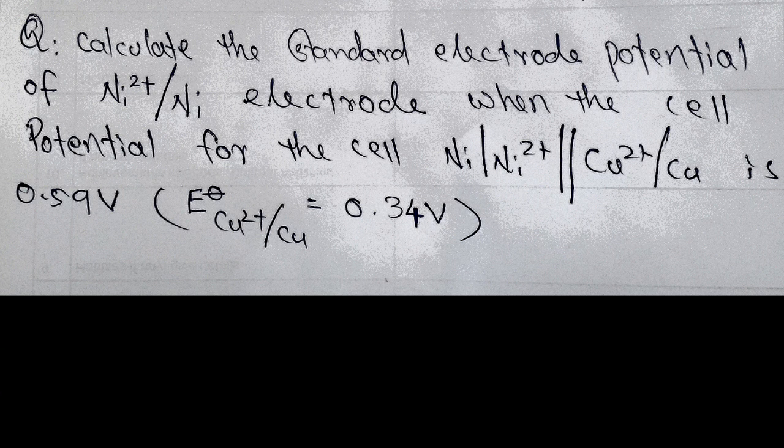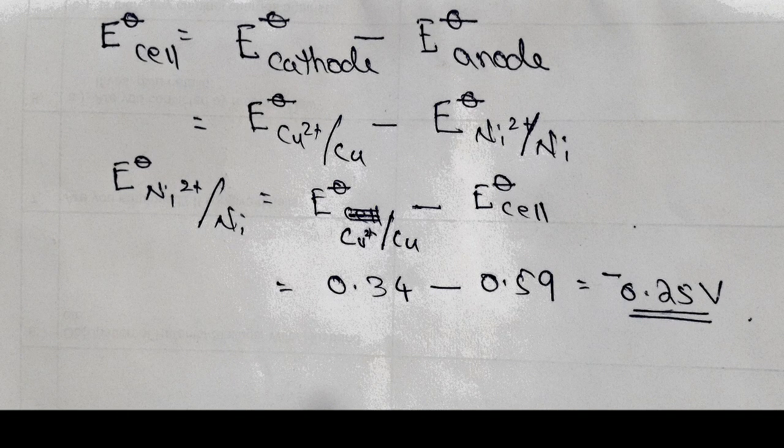Okay, so here the electrochemical cell is given. We discussed already, the right hand side will be the cathode, the left hand side will be the anode. We know standard E0 cell equals E cathode minus E anode. Your cathode is copper, so the standard electrode potential for the copper electrode minus the standard electrode potential for the nickel electrode.